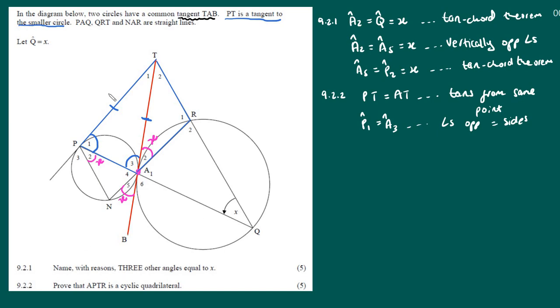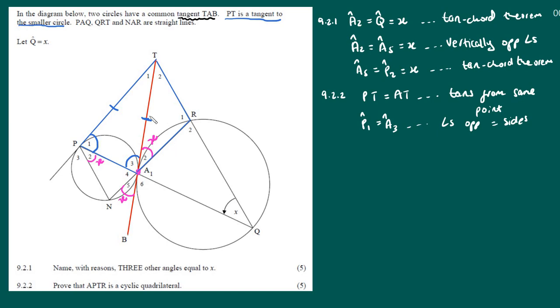Okay, so let's see. Remember we said P1 is equal to A3. One of the tools that I myself have used to always be able to link two angles is this.